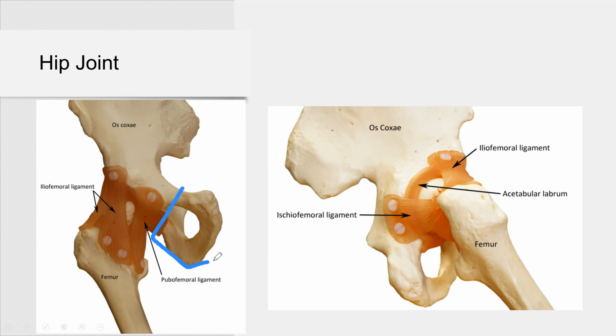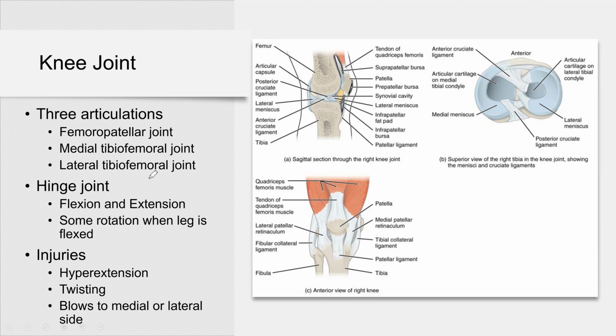Knee joint, probably one of the most complicated joints that we cover in this lecture. 3 articulations: femoropatellar joint, and medial tibiofemoral and lateral tibiofemoral. So you can see the tibia articulates with the femur. That's why it's tibiofemoral.